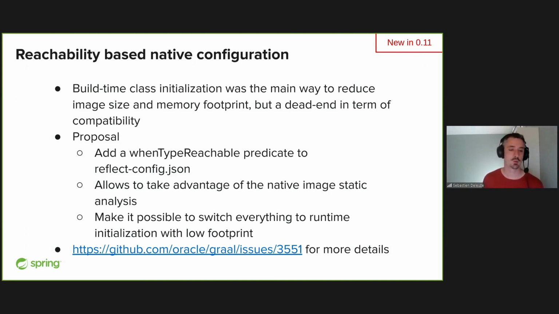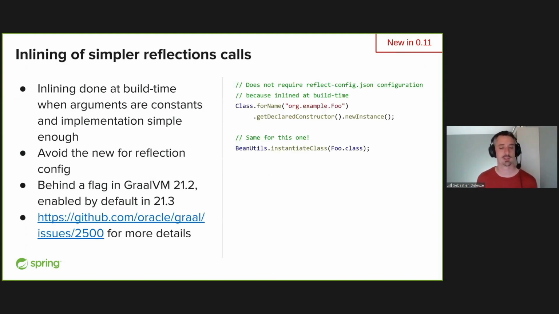And that should allow switching everything to runtime initialization with low footprint and begin to avoid the issue of build time class initialization. So that's super promising for the compatibility and the footprint of native libraries.